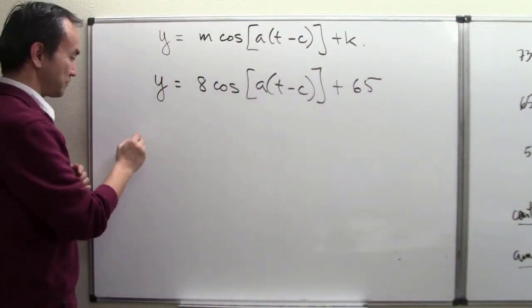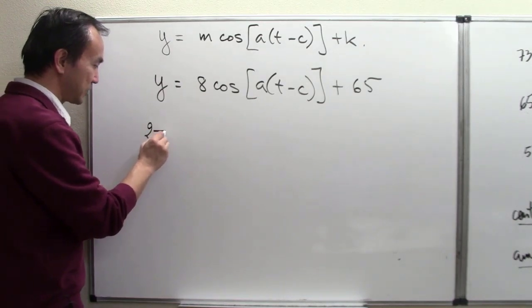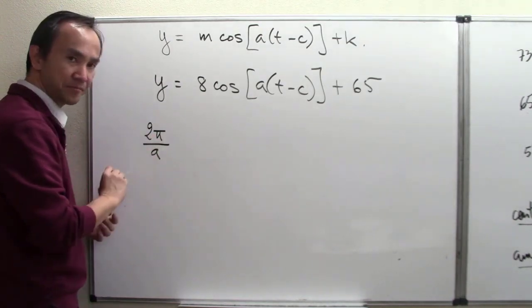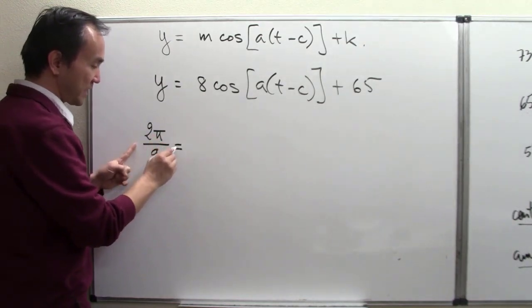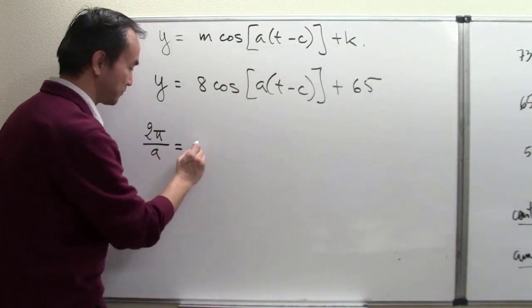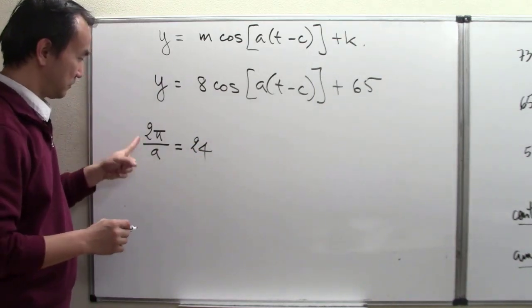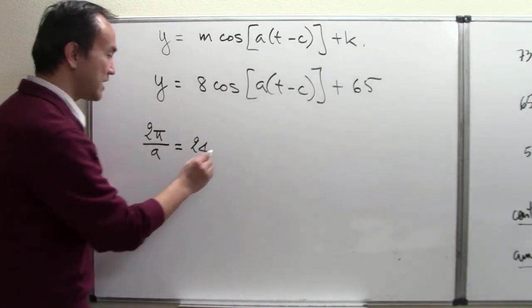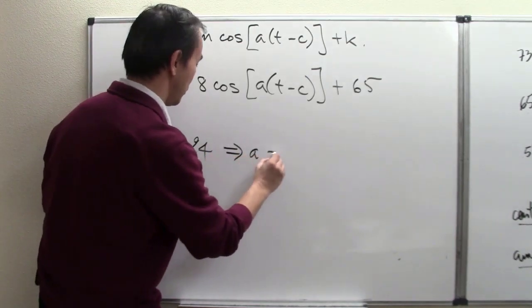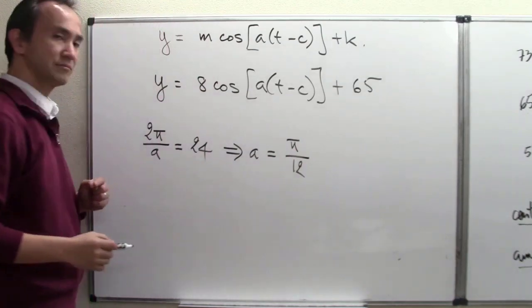And so now, again, sine or cosine, generally we'll have period being 2 pi over a. We want to equate that with our known period for this particular function we're looking for, being 24. And so solving this equation, we're going to lead down to a equals, must be pi over 12.